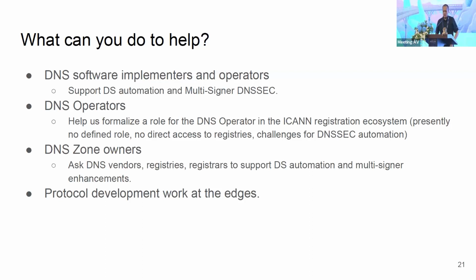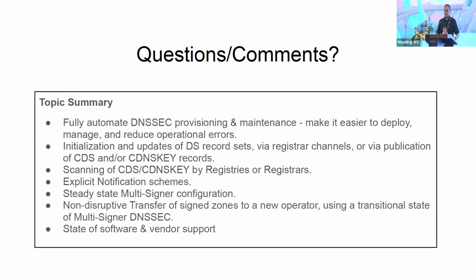There is some additional DNS protocol development work that needs to happen at the edges that a number of colleagues and I are still working on. I don't have time to go into those today, but if you're interested, please talk to me and I can hook you into those efforts. So that's it. With that, I'll stop for questions and comments.